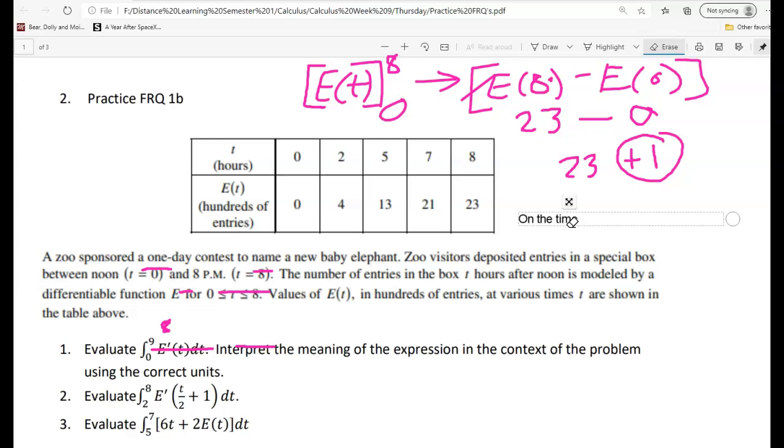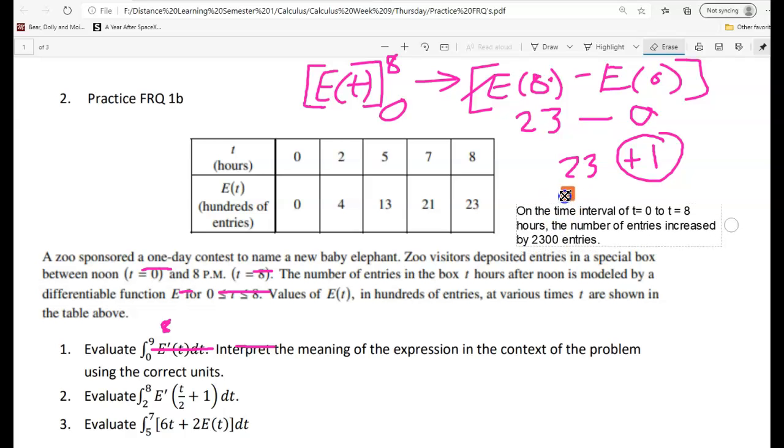On the time interval of T equals 0 to T equals 8 hours, make sure you include those units, the number of entries increased by 2,300 entries.